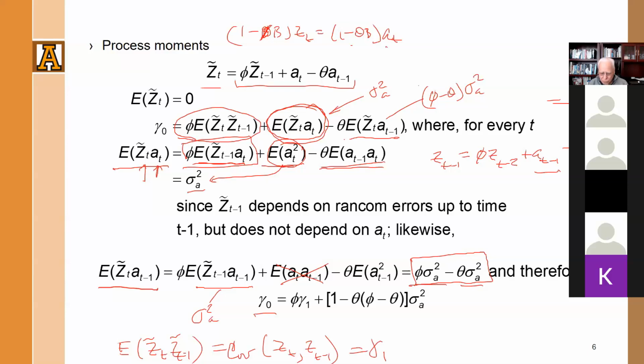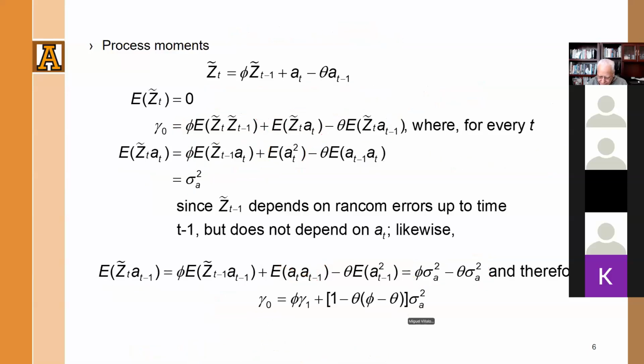Okay? So I have that the variance is equal to phi times gamma 1 plus sigma squared times, I just need to reverse the sign here, minus minus theta plus phi, (phi minus theta), times the whole thing sigma squared.